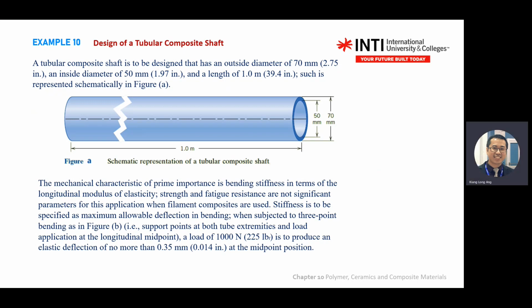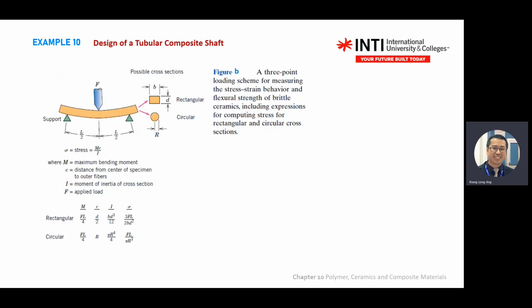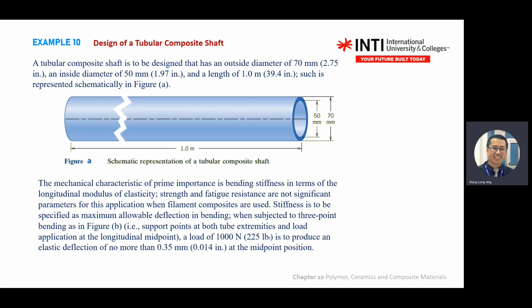So okay, this is another diagram that is support. So this is a deflection question. So you have a shape like this, and then it deflects under the 1000 load.